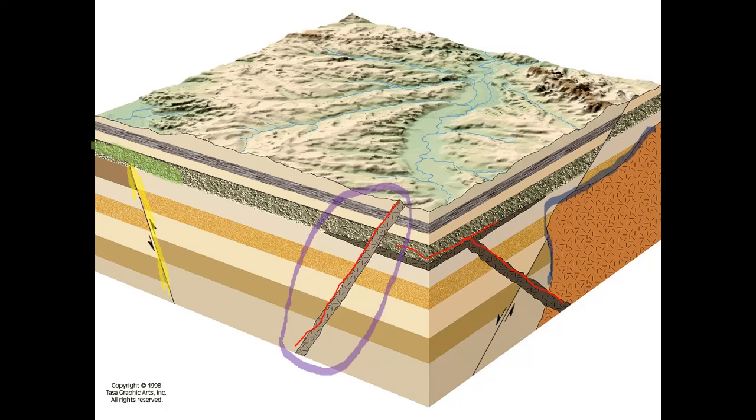But since this intrusion over here cuts through all the layers, and since we compare the left side to the right side, since these are continuous layers in the middle, this is the newest feature of the entire picture.